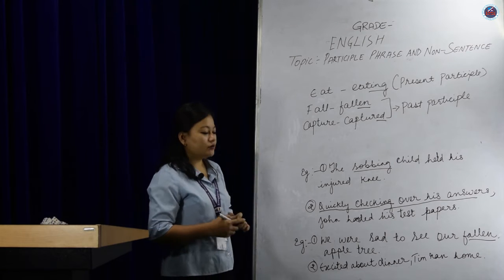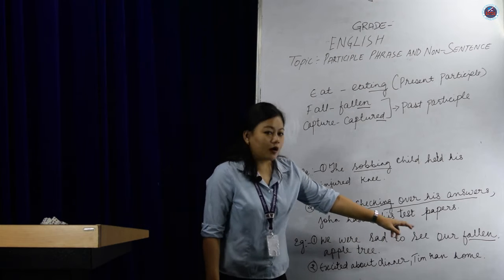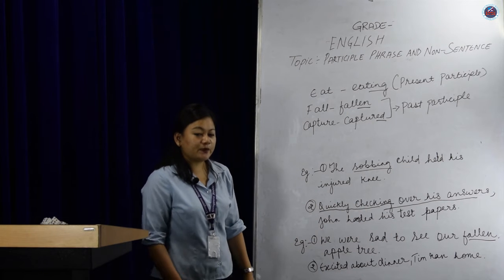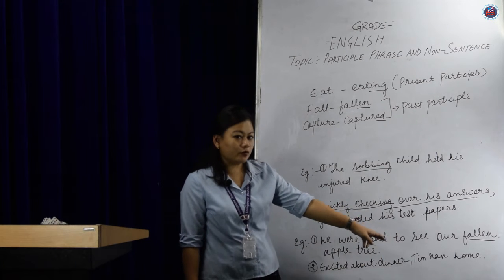Now let's look into the past participle examples. We were sad to see our fallen apple tree. Here, fallen is a past participle. And: excited about dinner, Tim ran home.